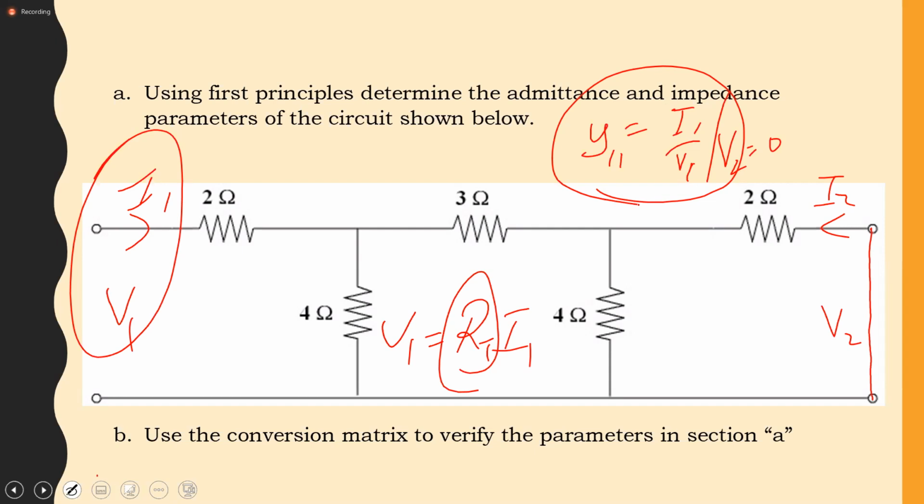You see, when I say go back to first principles, that's what you have to do. With that port short circuited, you can find Y21, right? So Y21 would be I2 over V1. The question is, based on where I2 is, how is V1 related to this?